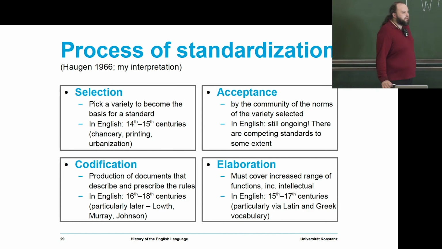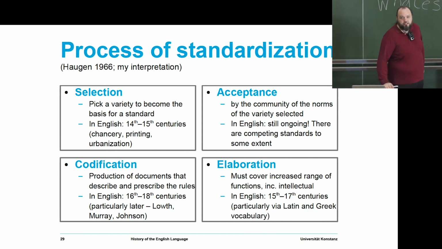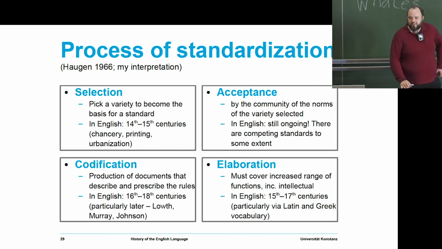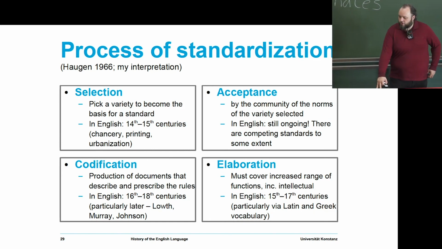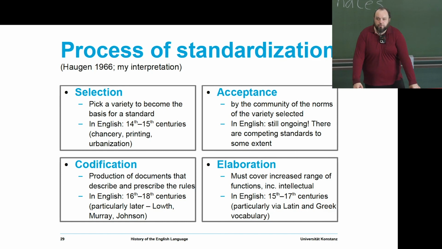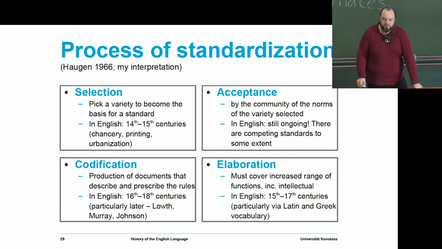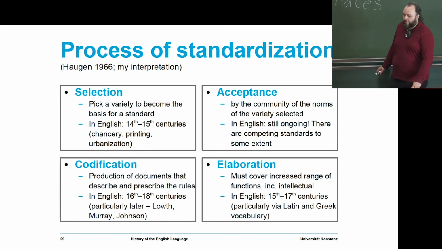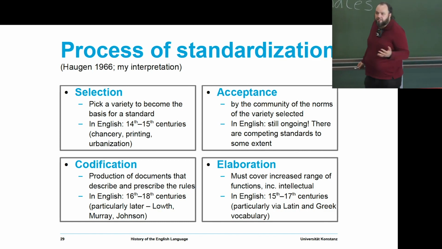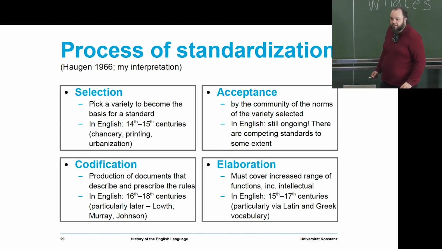And then finally, the final process is that you have to get people to actually accept this variety and to use this variety. And of course, to some extent, this is still ongoing. And there is still variation in present-day English. And probably there always will be. So for instance, if you compare American English to British English, there are pronunciation differences, there are spelling differences, there are even syntactic differences to some extent.